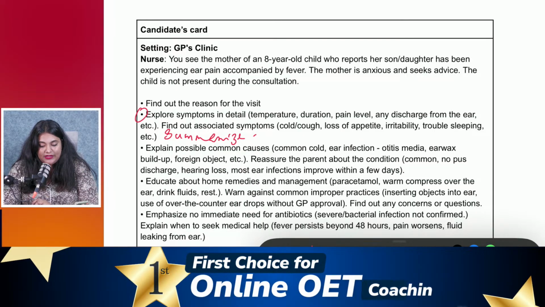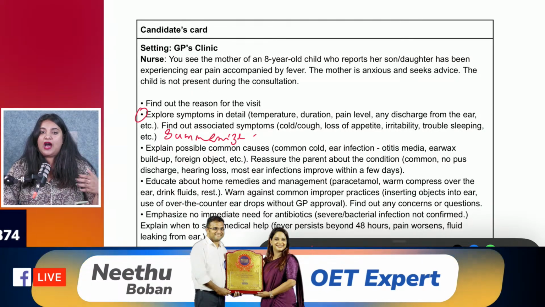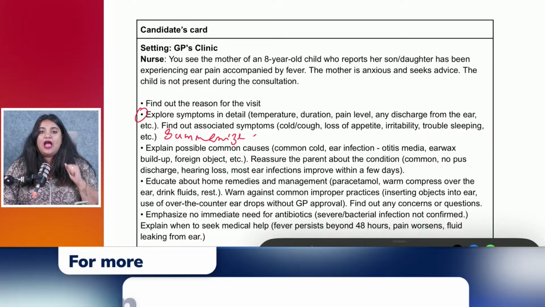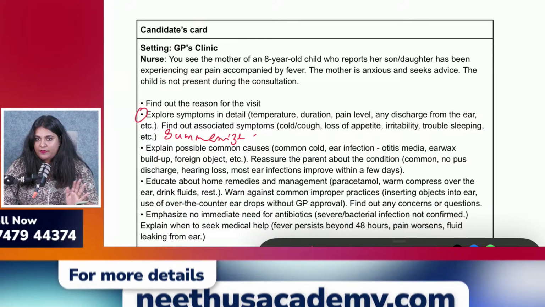He's not eating well, he is irritable, and he also has trouble sleeping at night. Am I right? Just imagine this is the information that you got, and that's how you conclude the summary, and you ask the question, am I right? And you will get the confirmation from the parent here.